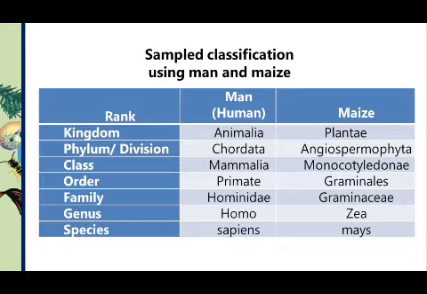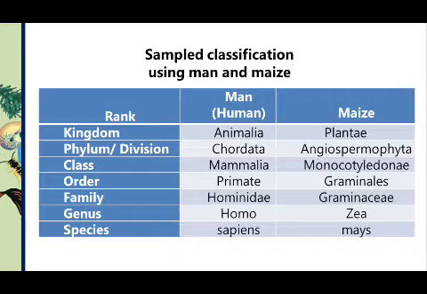The phylum is actually used in the case of animals, but the division we limit to that of a plant. In terms of the phylum, humans belong to the Chordata because basically they are vertebrates. We human beings are vertebrates, so we belong to the Chordata. Then maize, they are flowering plants, so they belong to the Angiospermophyta.